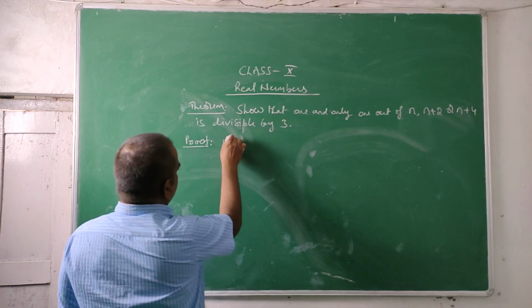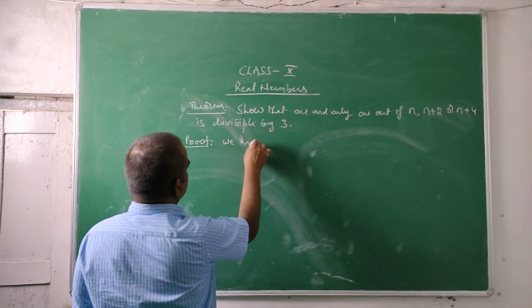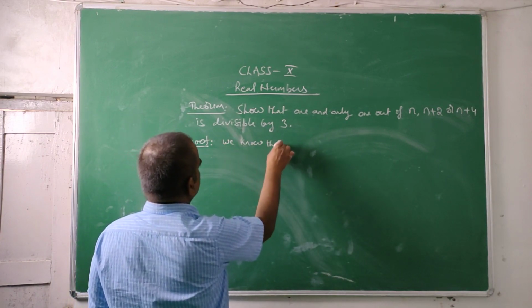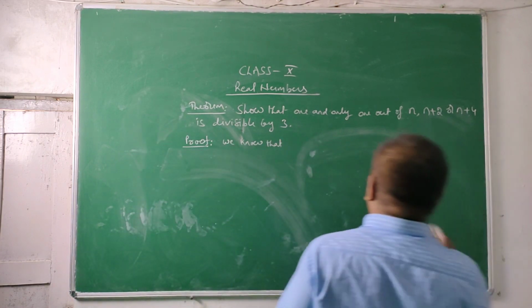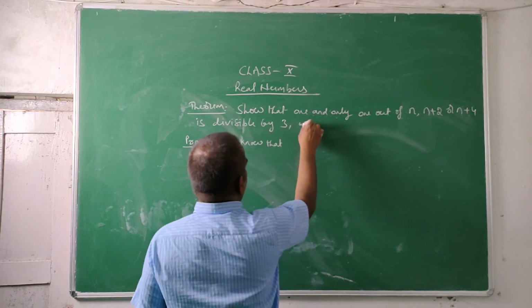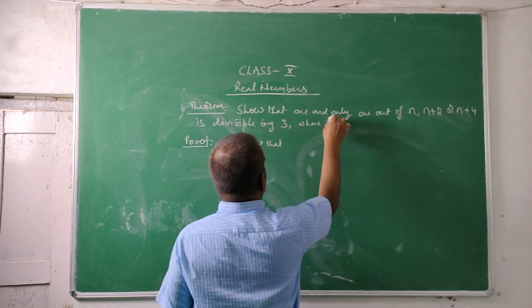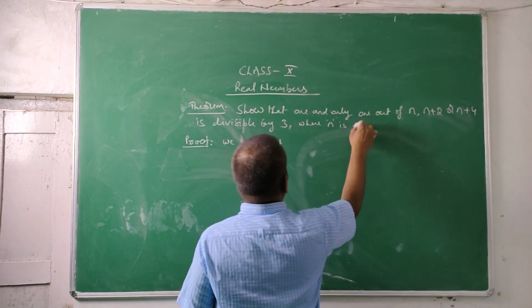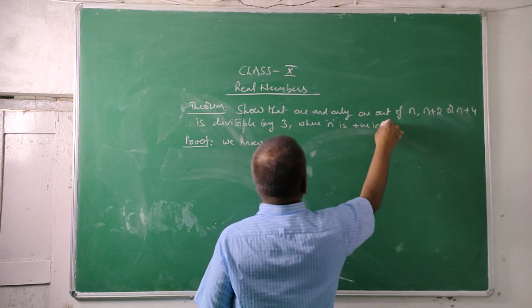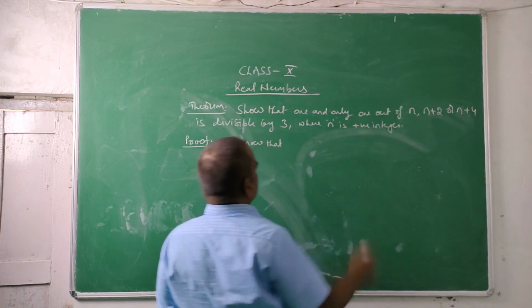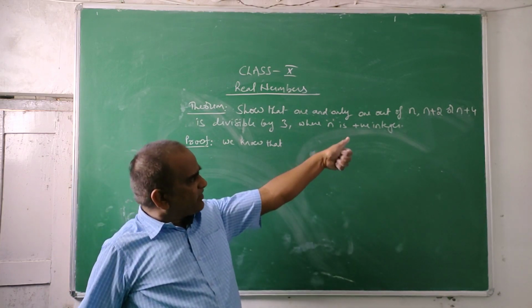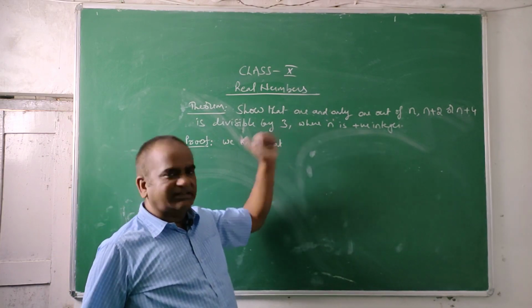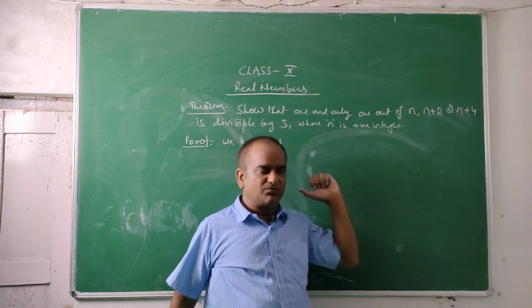So, we know that here n is a positive integer. So when n is a positive integer, one out of those three is divisible by 3. That's what we are supposed to prove.